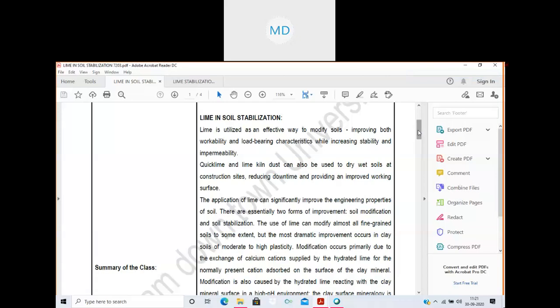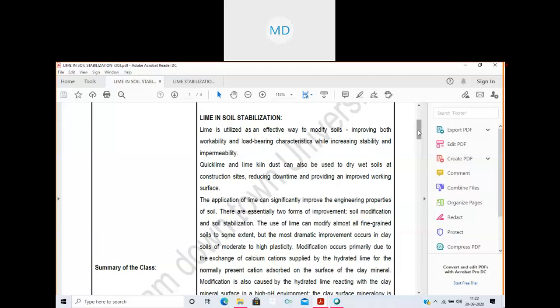I'm not getting any response. You know or not about soil stabilization? Just say yes or no. No. Okay, fine. So just listen.